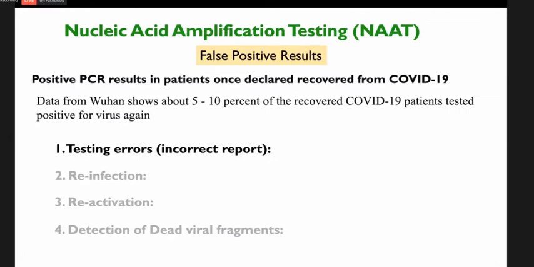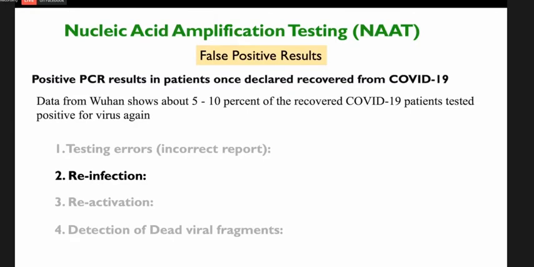Next can be reinfection, although there is not enough evidence to ensure that a patient once recovered from the virus cannot get reinfected. However, reinfection appeared to be extremely unlikely.